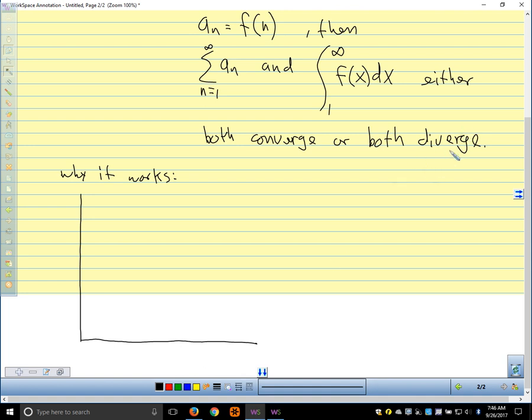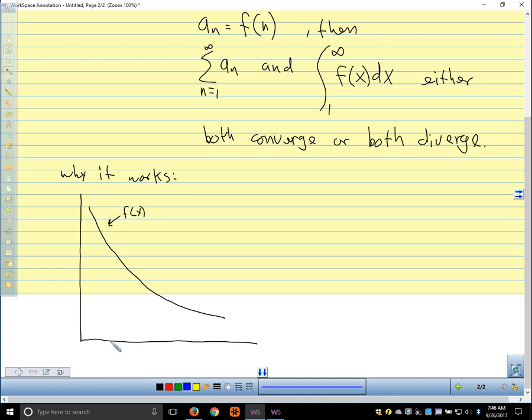All right, our function needs to be positive and decreasing. So our function is going to look something like this. So this is f of x, positive and decreasing. The value of the integral and the sum of the sequence, because the sequence is just this function evaluated at particular points.